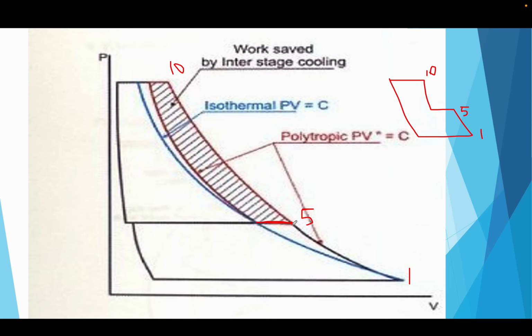When we are doing a cooling, what is happening? The volume of air, after getting cooled, is decreasing to this. It means for the same volume of air, the mass of air is increasing, and the volume which is required by the same mass is decreasing.